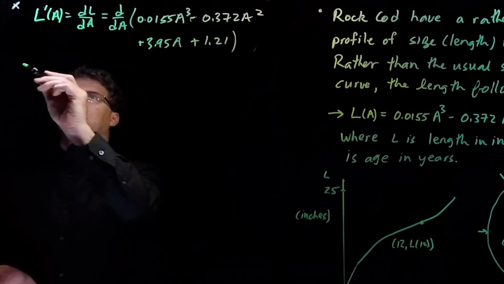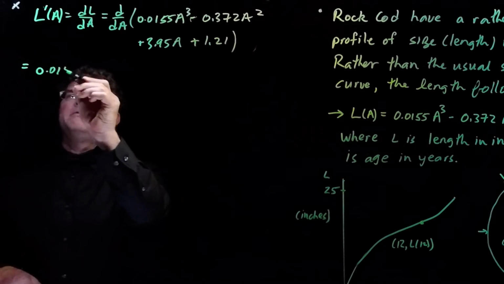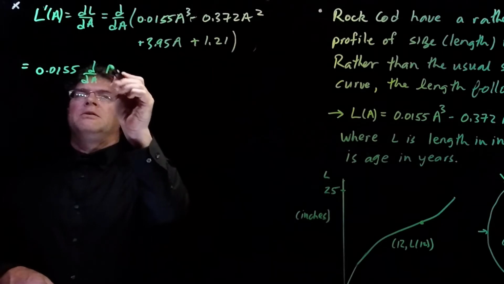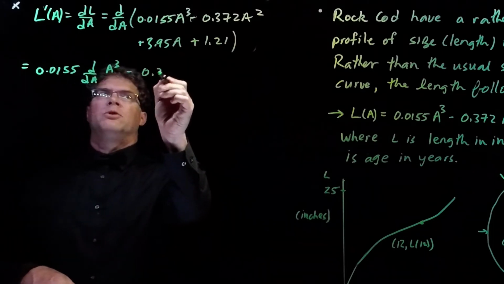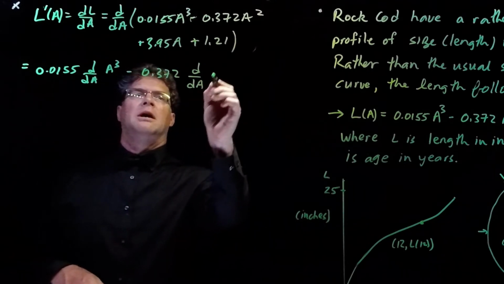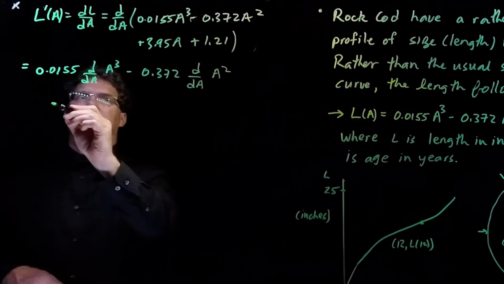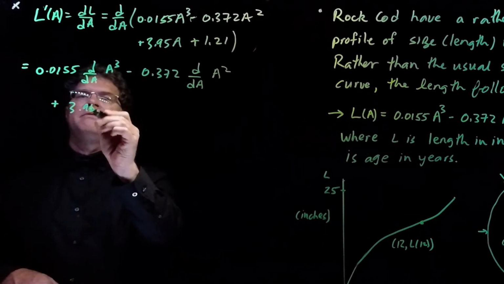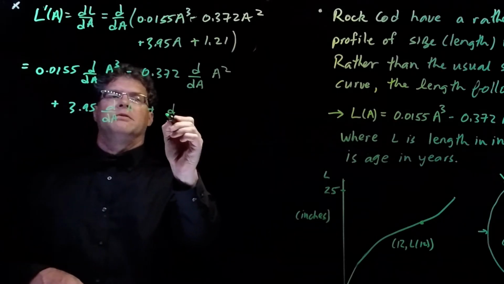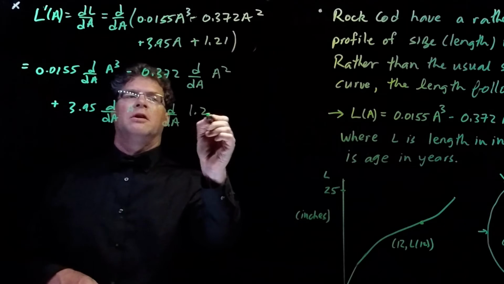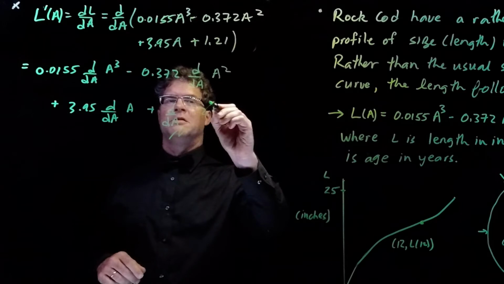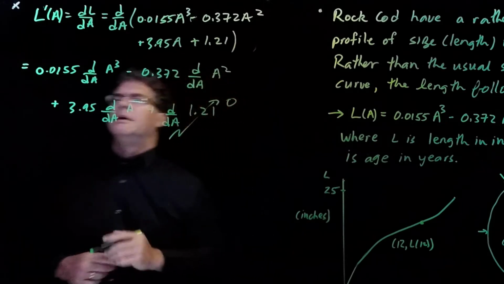So this is going to be equal to 0.0155 times the derivative of A cubed minus 0.372 times the derivative of A squared plus 3.95 times the derivative of A plus the derivative of the constant 1.21. So we know the derivative of a constant is equal to 0, so we can do that right away.